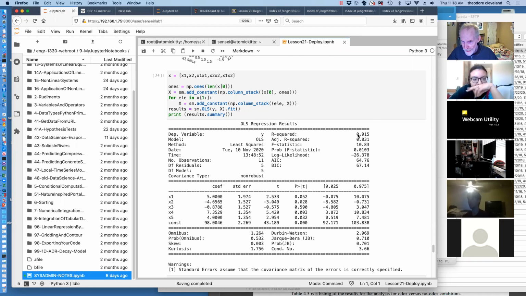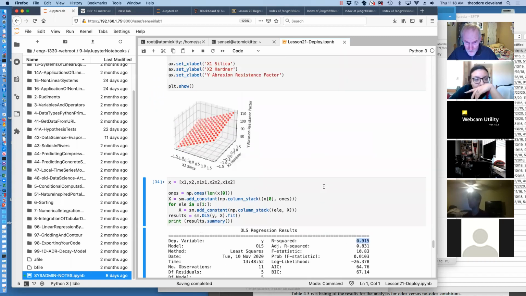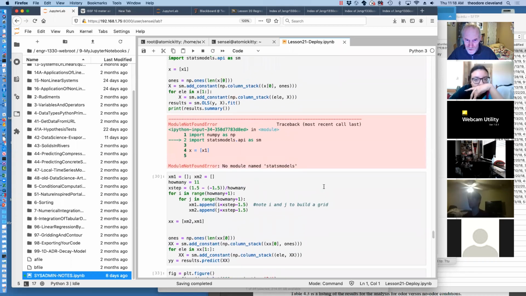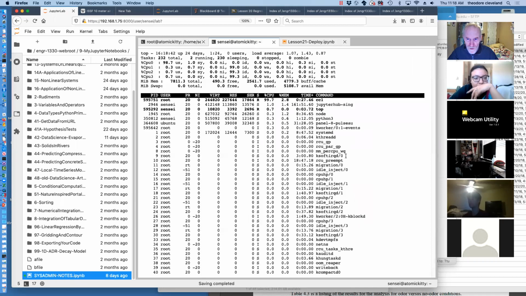So in that one, it has an R-squared value of 0.915. Remember also what he told you about R-squared. It's not the whole story. There's quite a few other ones. And in this one, which we can't see yet, I think that is stalled.